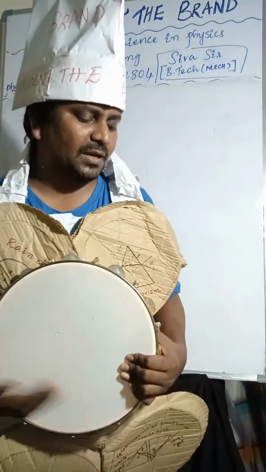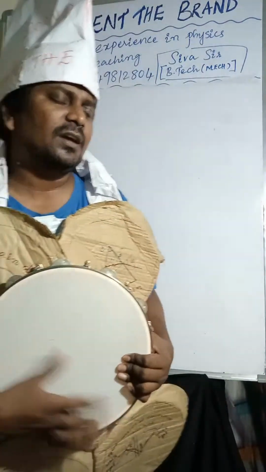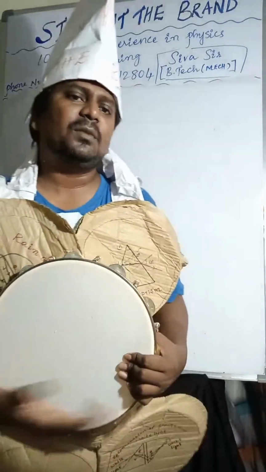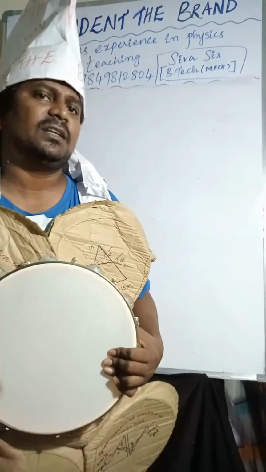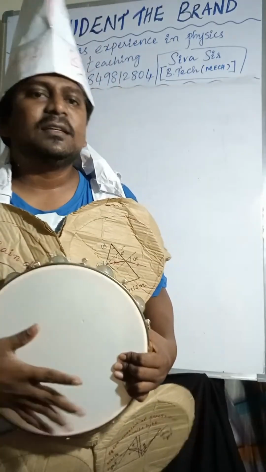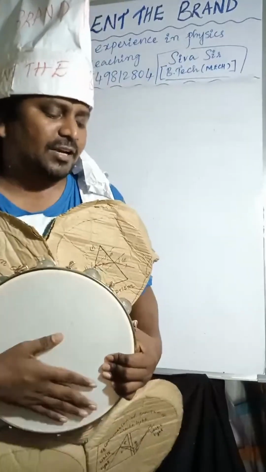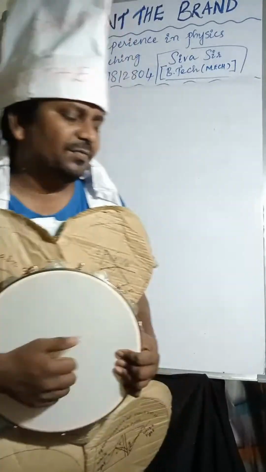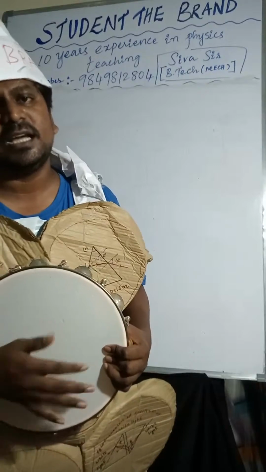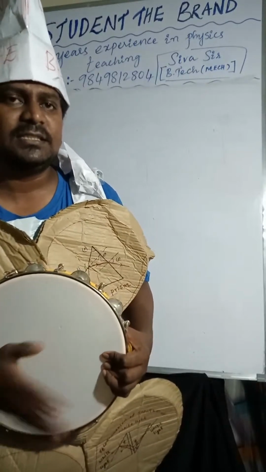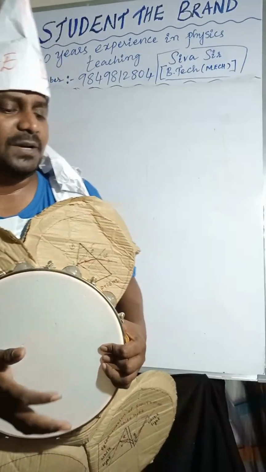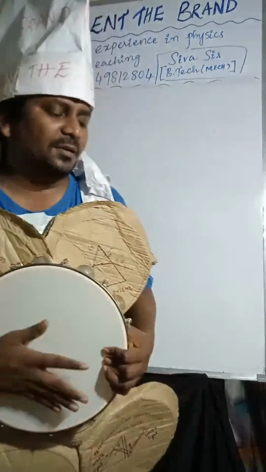Cartesian sign convention: all distances are measured from the optical centre; distance along the incident ray is positive, opposite to the incident is negative, above the principal axis is positive, below the principal axis is negative.